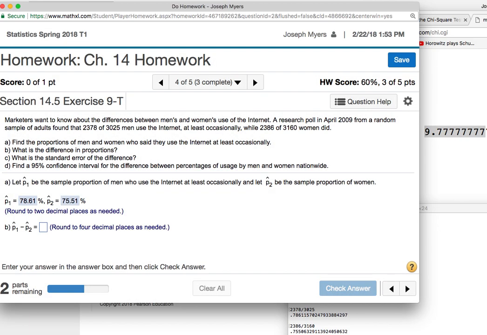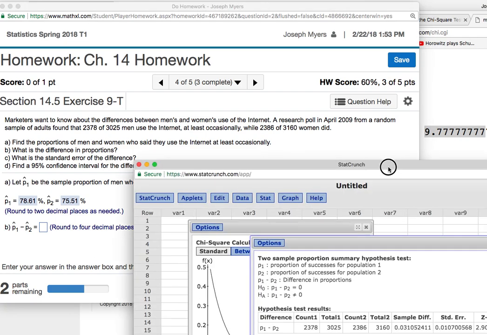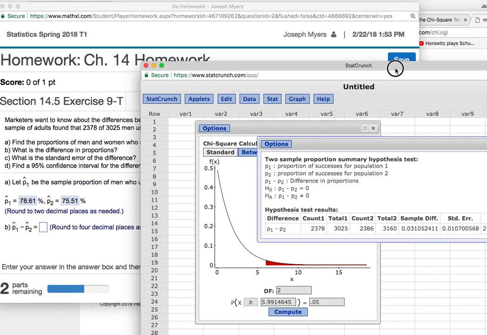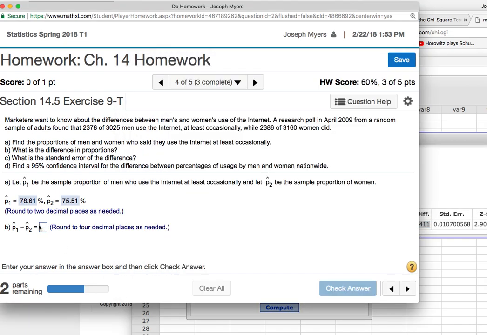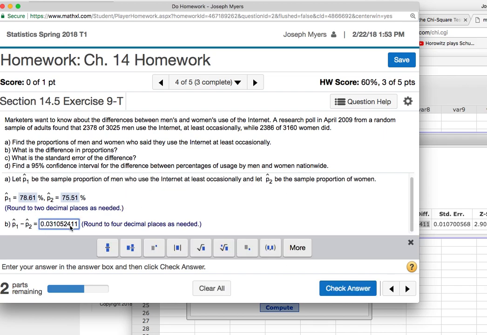Okay, now what's the difference when you subtract them? Okay, that's what StatCrunch told us. The difference between them is 0.03, so roughly 3%. And round it off to 4 would be 0.0311.